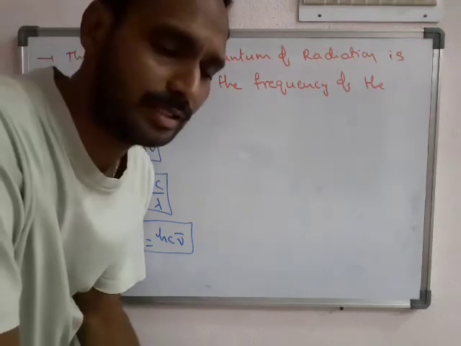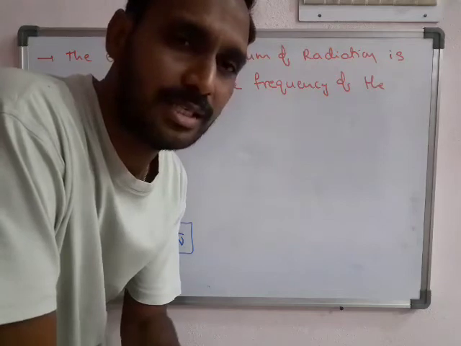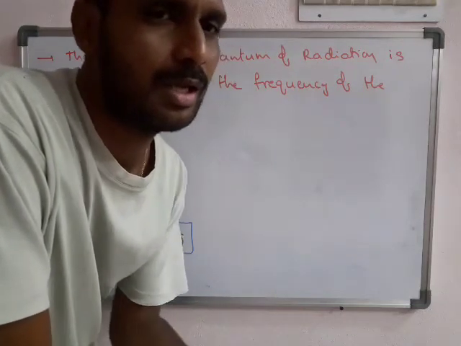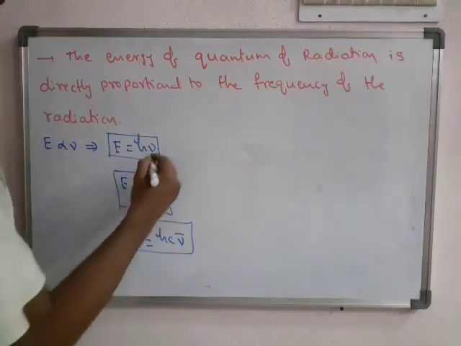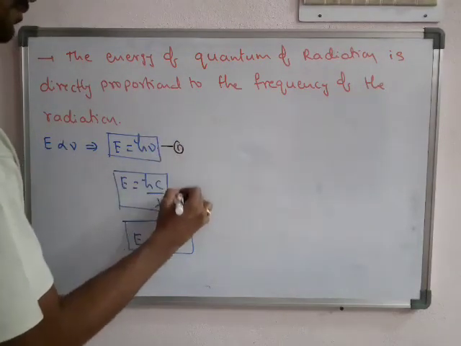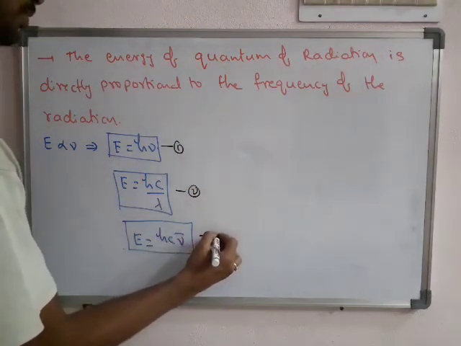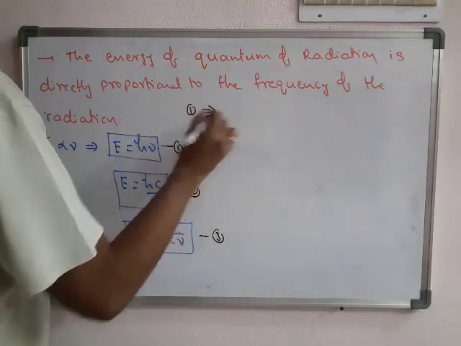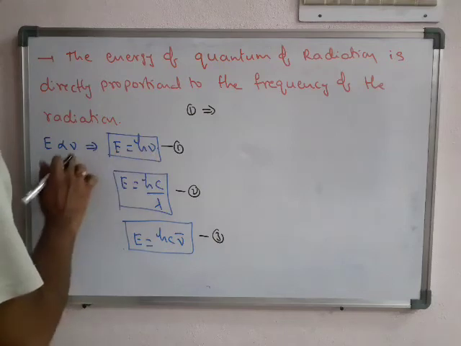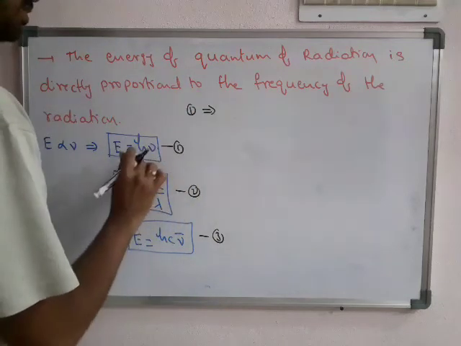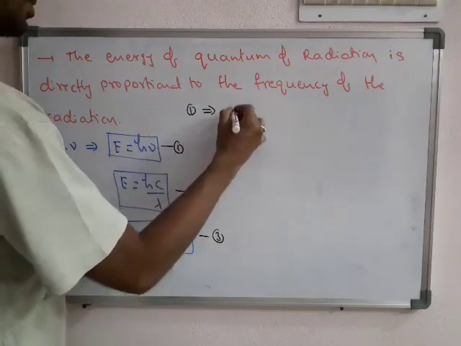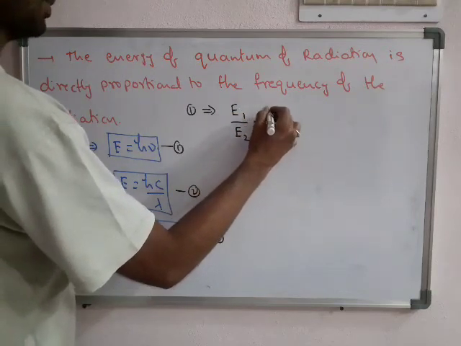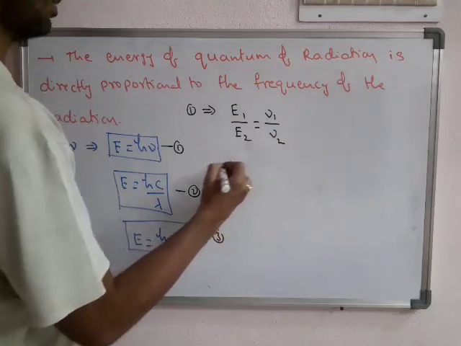In the problems we need some more relations. With the help of these relations we create some formulas. Take these as equations 1, 2, 3. With the help of equation 1, E is proportional to nu, where h is the Planck constant, so we can write E1 by E2 is equal to nu 1 by nu 2.